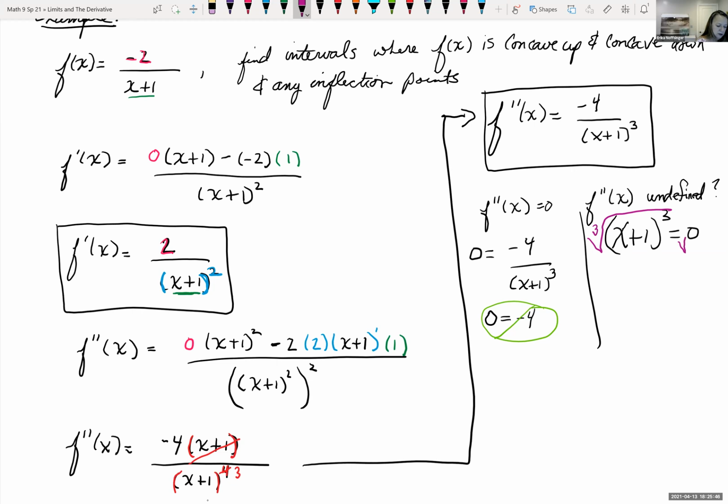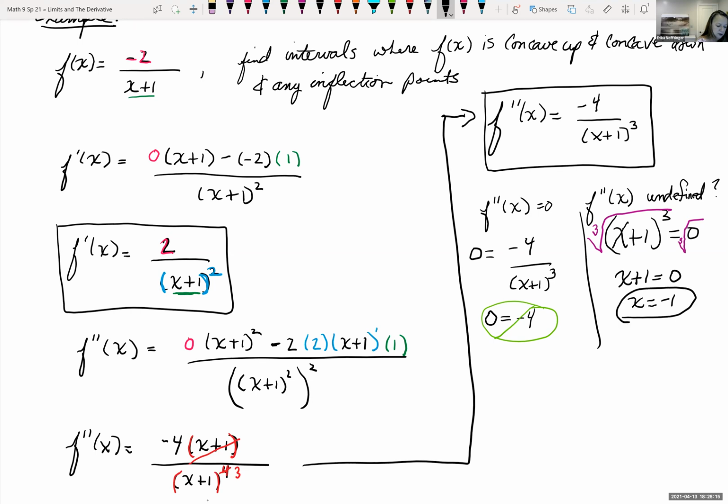When you're looking at an odd index root, we don't have to worry about putting the plus or minus in front. So this cube cancels with the cubed root, leaving you with just x plus 1. What do you cube to get 0? Well, that's just 0. So solving a linear equation, x plus 1 equals 0, subtract 1, we get x is -1. Okay, so it's undefined here.